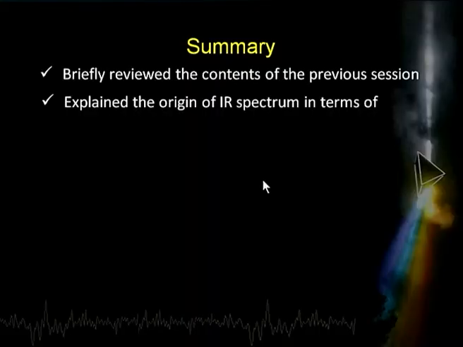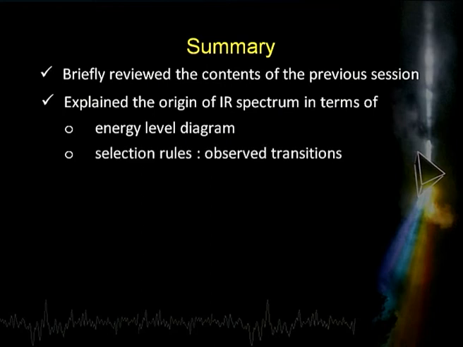What we have done today is, we started by reviewing what we did in the previous session, and thereafter we explained the origin of the IR spectrum in terms of energy level diagrams. Thereafter we talked about the selection rules, which determine what kind of transitions are allowed. Then we saw that out of the allowed transitions, what are observed and what are not observed, and why.